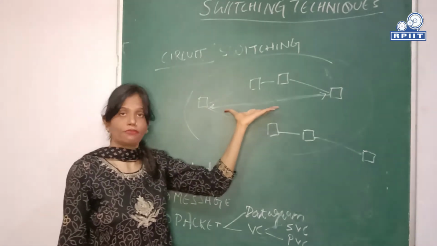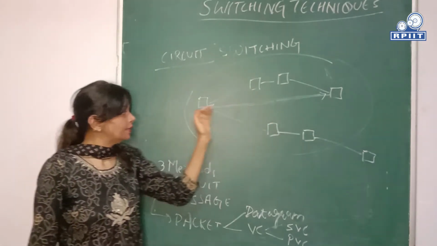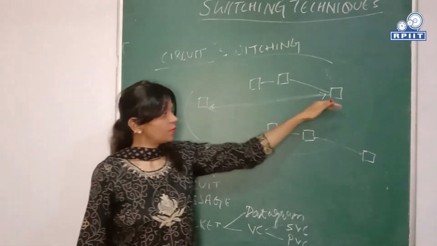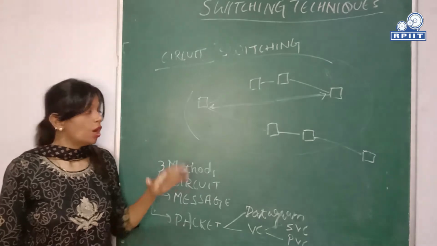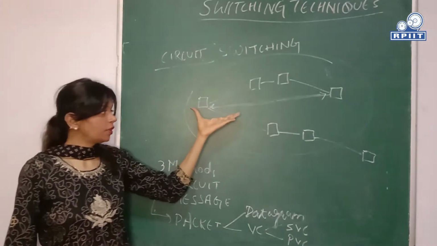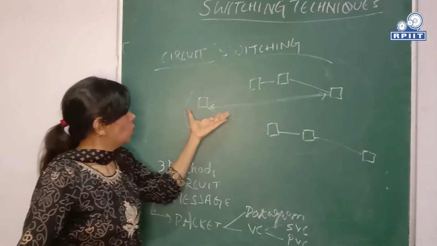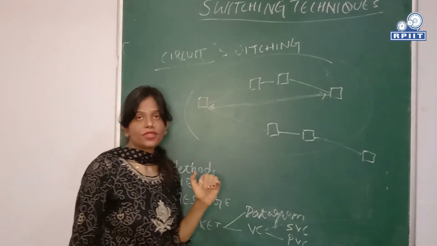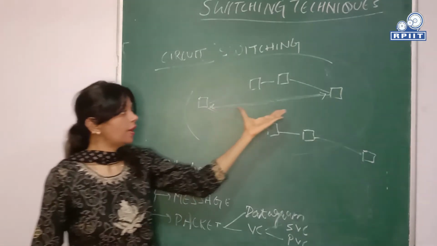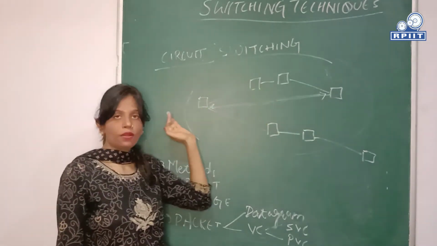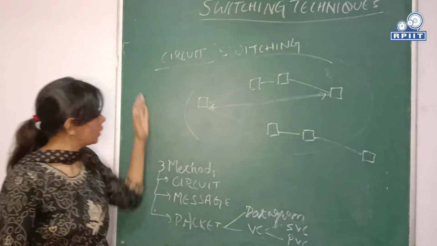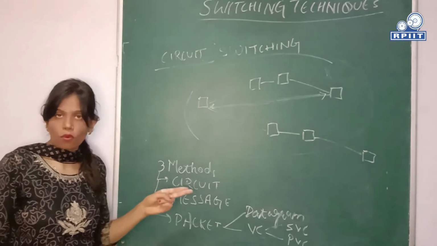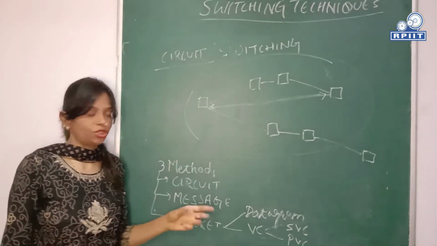Under this phase, the data that the sender needs to send is transmitted on that dedicated circuit. After some time, the circuit is terminated by one of the endpoints, which means no other data can be forwarded on this particular circuit. So in circuit switching, we have three phases: circuit establishment, data forwarding, and circuit termination.